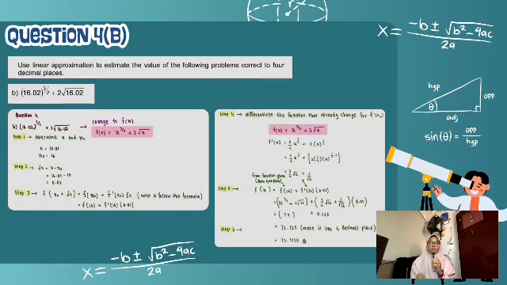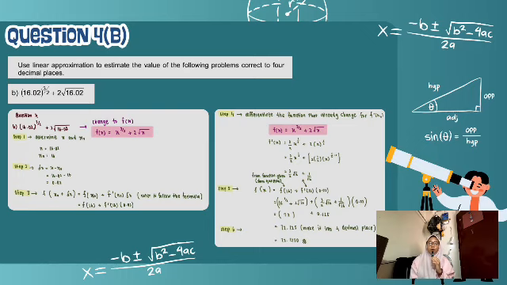And for f prime of 16, we have to take the equation from the function that we already differentiated. And we have to substitute 16 for x and multiply with delta x, 0.02.